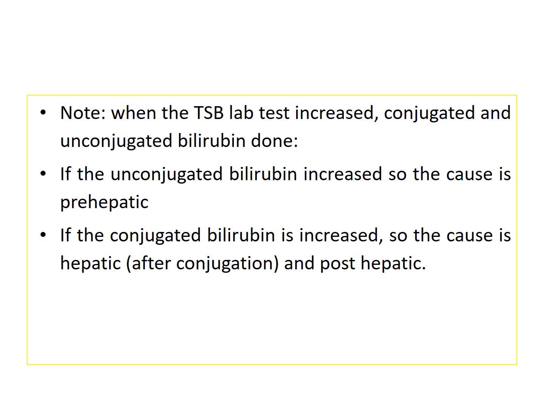If total serum bilirubin is increased, differential bilirubin should be done, i.e., we do conjugated and unconjugated bilirubin tests. If the unconjugated bilirubin is increased, the cause is a prehepatic cause, and we think about hemolytic disease. If the conjugated bilirubin is increased, the cause is either hepatic or post-hepatic.